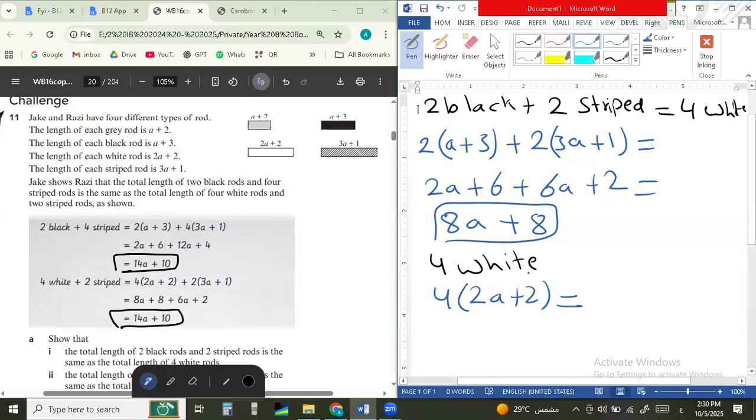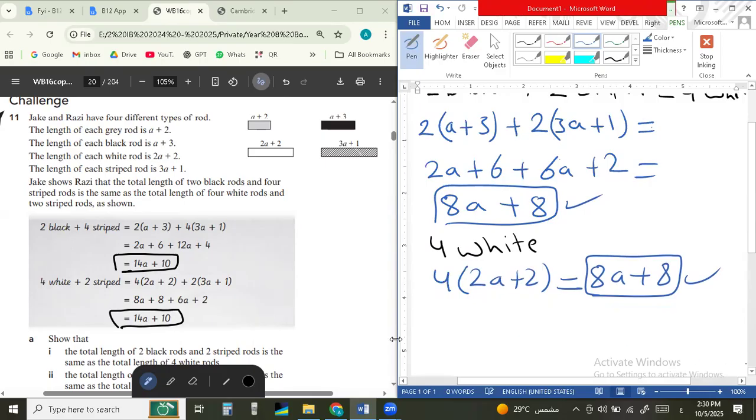Expanding, 4 times 2A is 8A. 4 times 2 is 8. So yes, mister, I got at the end the same expression exactly.